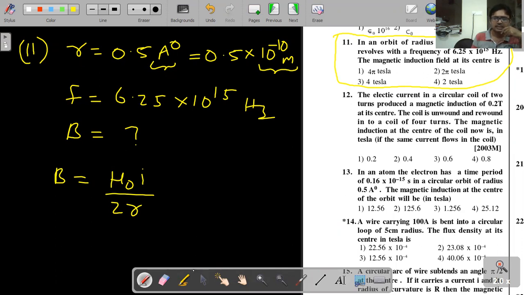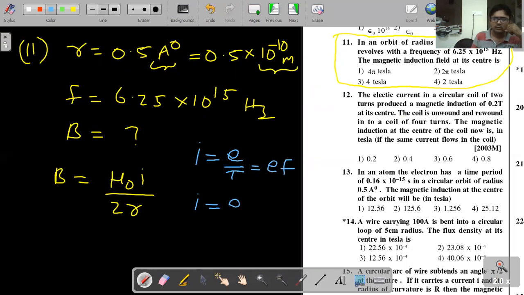Now, I know that I is equal to charge by time, that is I is equal to E by T. Before substituting the values, 1 by time period is frequency, right?